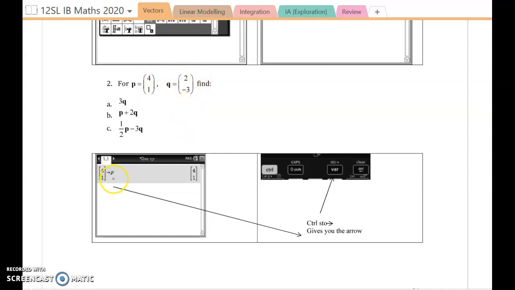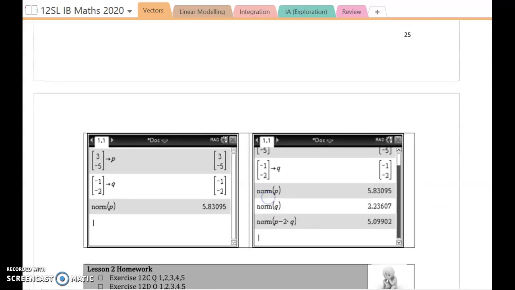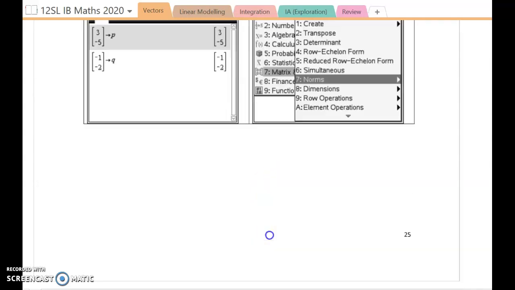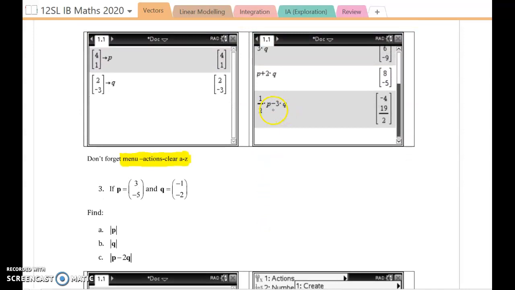So if you've stored the variable P, then you can just type a half P minus 3Q, and it will process it with the value that you've stored P and Q as in your calculator.